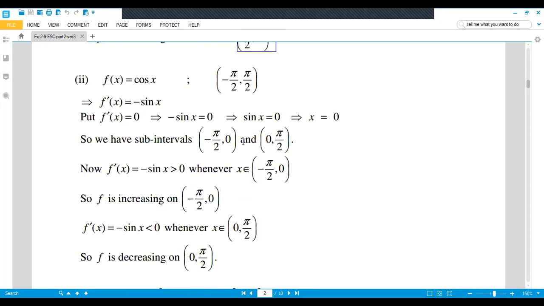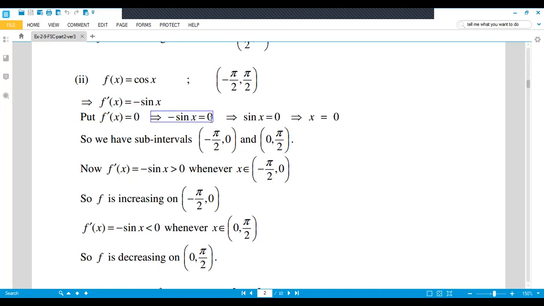Now look at the second part. In the second part, you are given f of x equal to cos x, and the given interval is minus pi by 2 to plus pi by 2. So we differentiate cos x. We take the derivative of the function: minus sine x. We put the first derivative equal to 0.